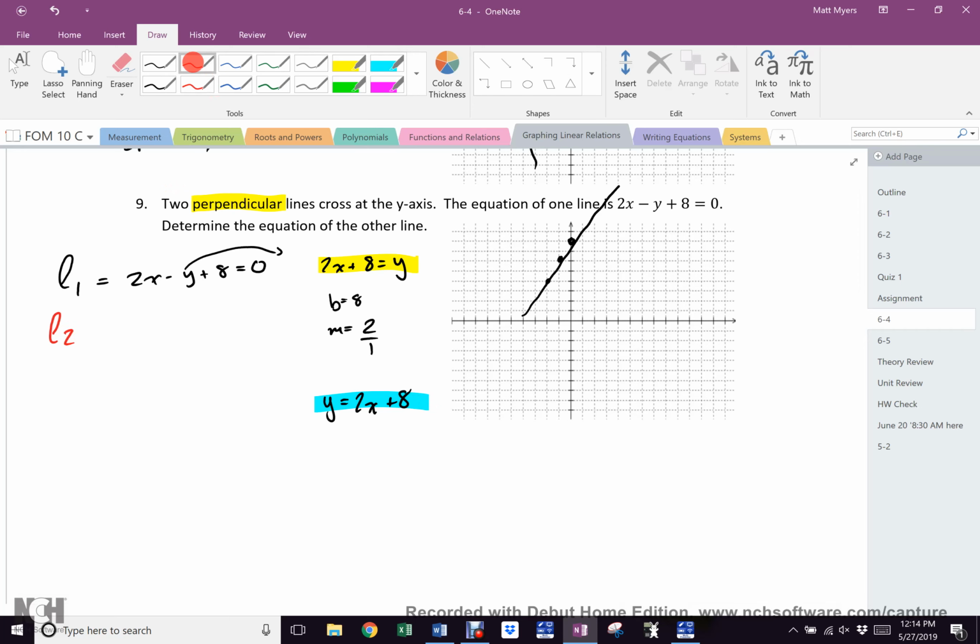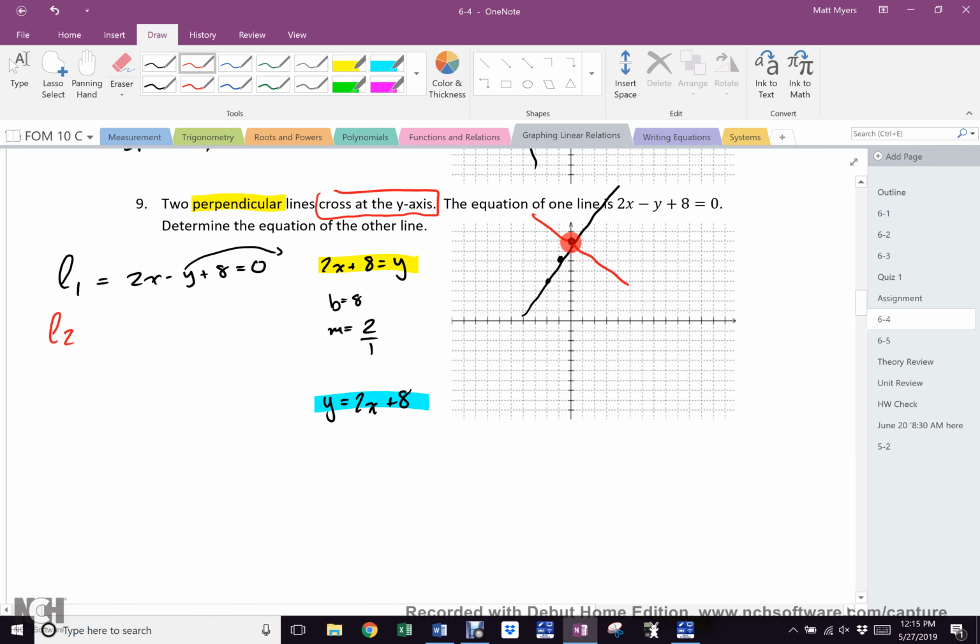Now, what do we know about that second line? It's going to cross at the y-axis. Where is the y-axis? It's right here. If they're going to cross there, then what do they share? They share the same slope, but they're perpendicular. Opposite and reciprocal. What do they actually share that is the same, though? That point.